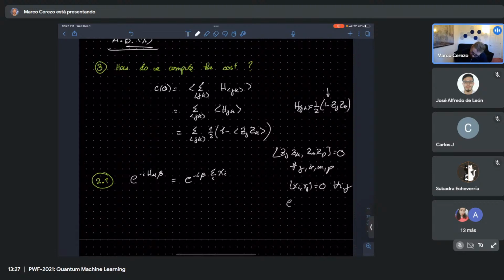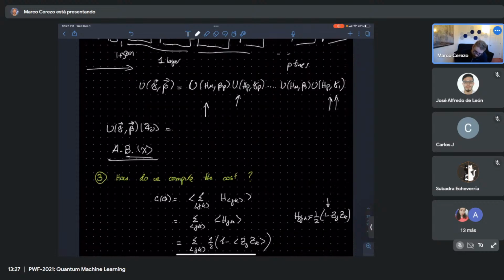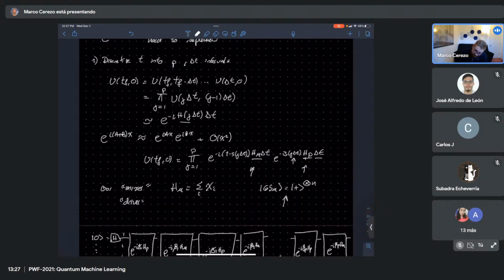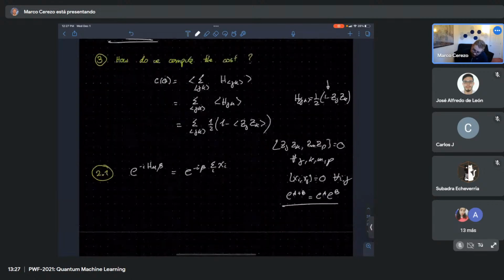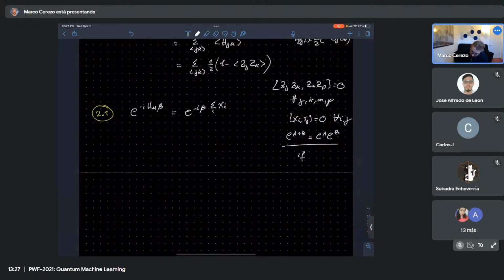And we know that e to the a plus b is going to be e to the a times e to the b exactly, with no approximation like the one that we have right here, if a and b commute.